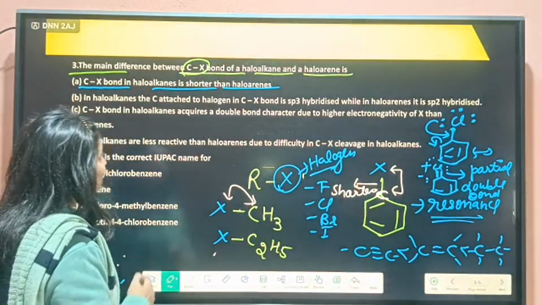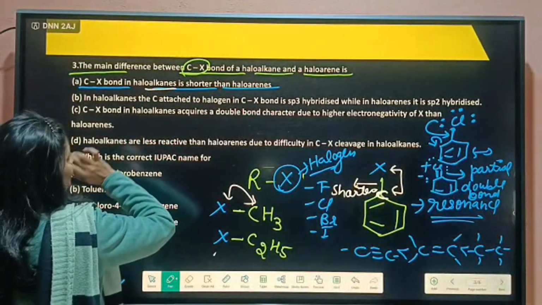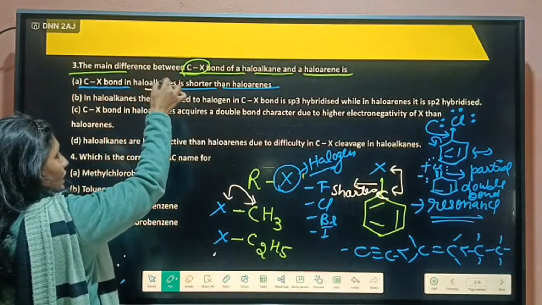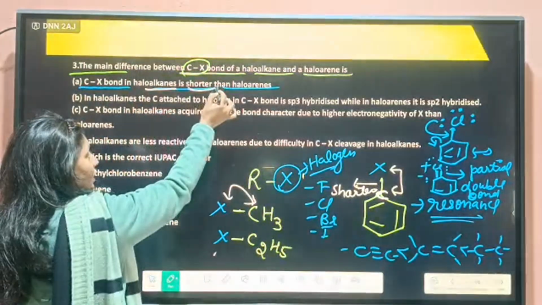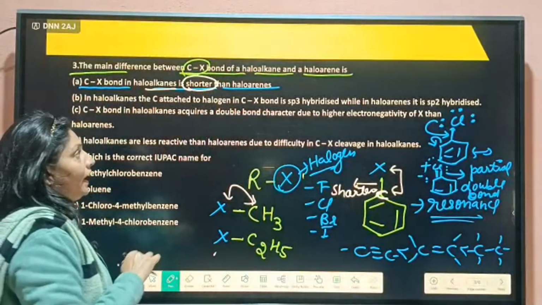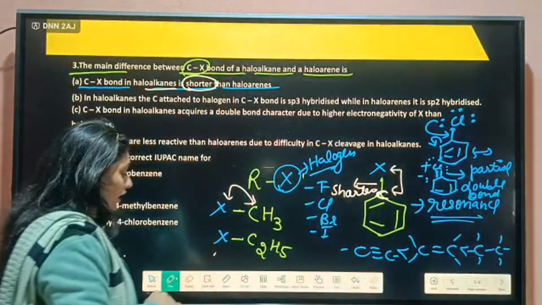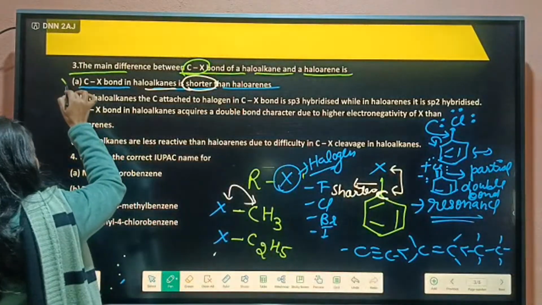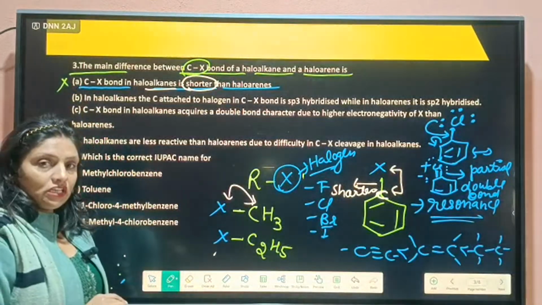So students, it is opposite. Here the CX bond in haloalkane will be longer as compared to the haloarene. So we cannot go with this option.